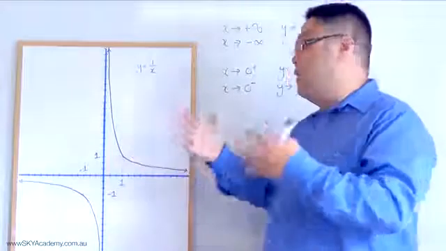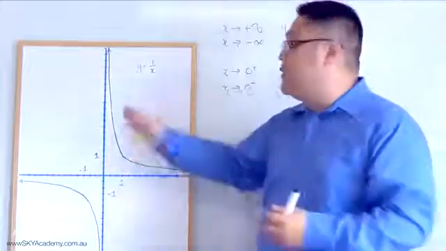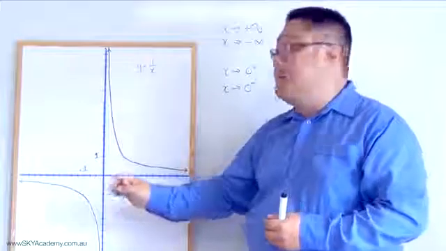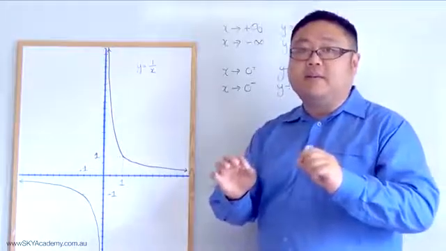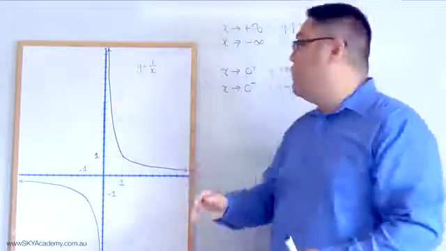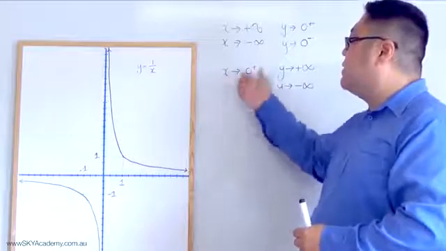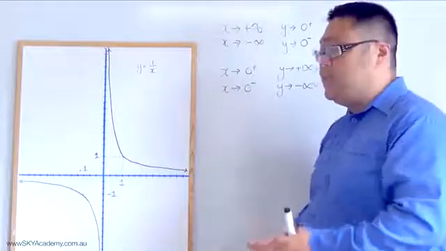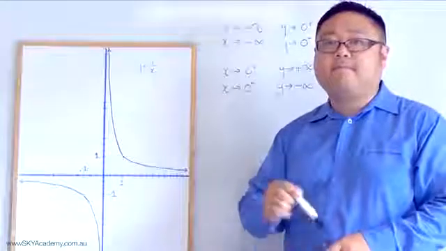No. And is it ever going to reach 0? No, because at 0 the function is undefined. But that doesn't stop us from using limits to see where the function is headed as x approaches 0, or as x approaches positive and negative infinity. So this is really what limits is all about.